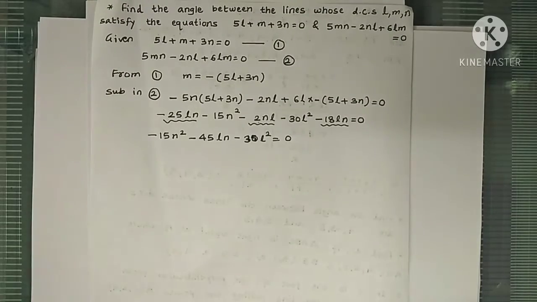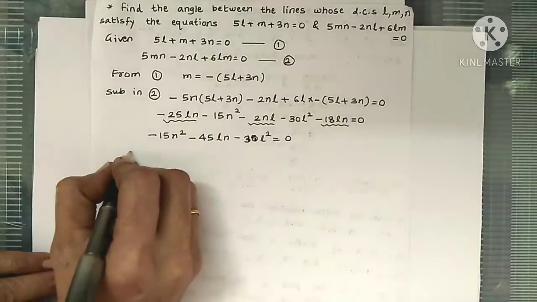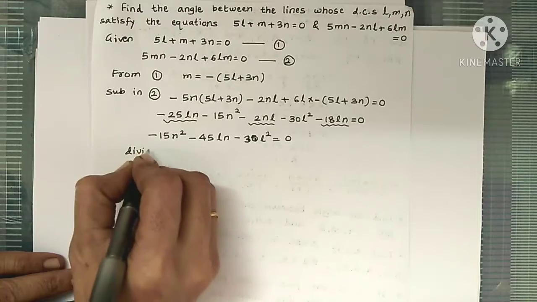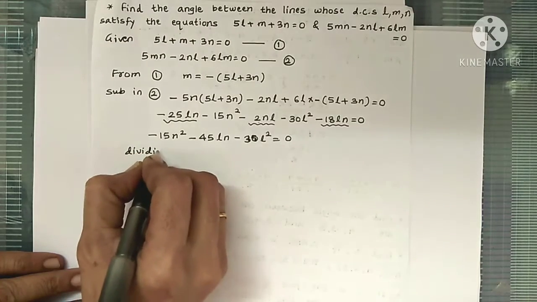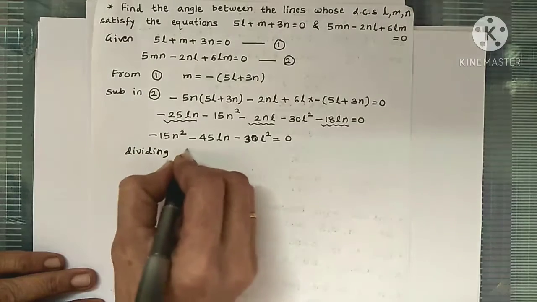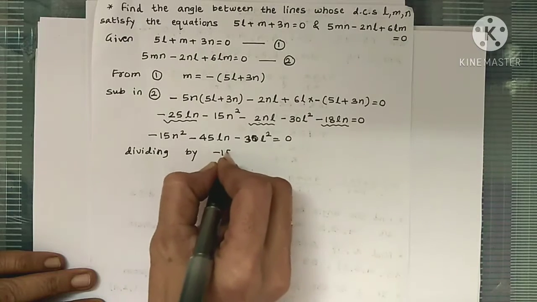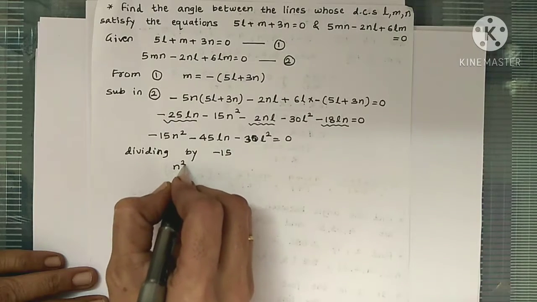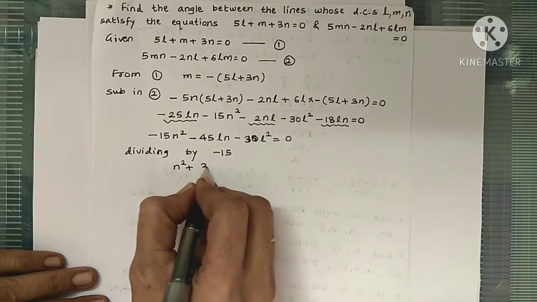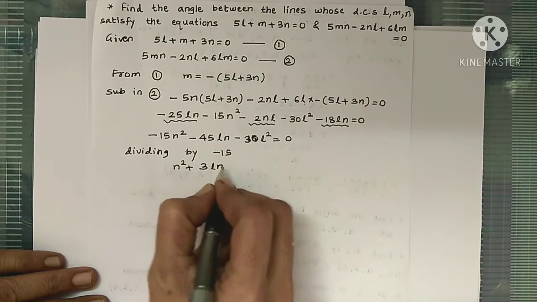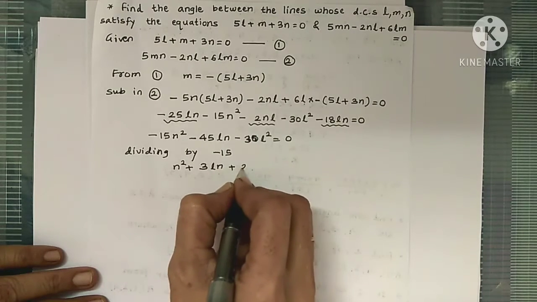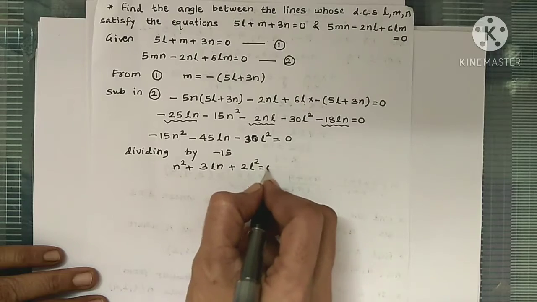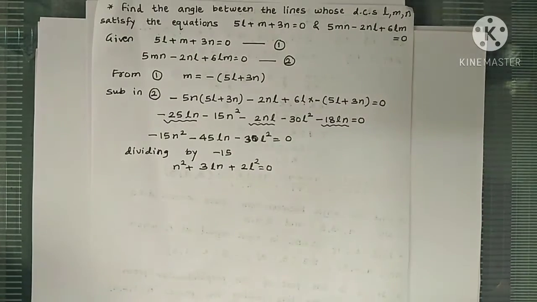Now each coefficient is divisible by 15 and each has a minus sign, so let's divide by -15. Dividing by -15 we get n square plus 3ln plus 2l square equal to 0. Now it is our usual quadratic equation.